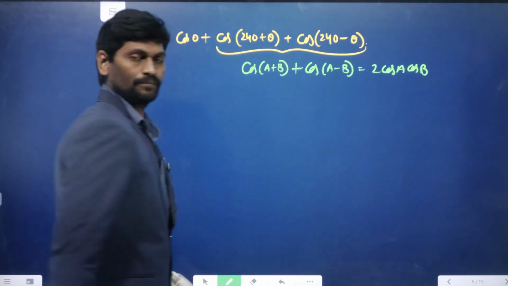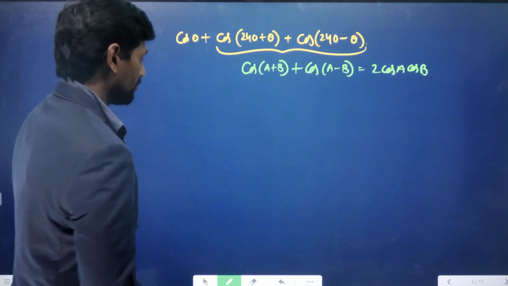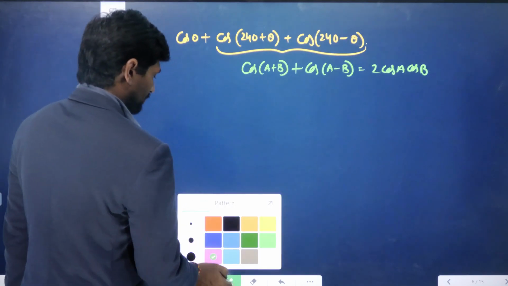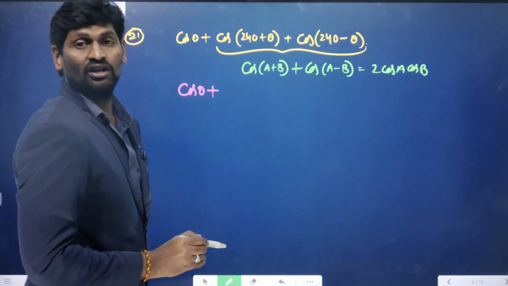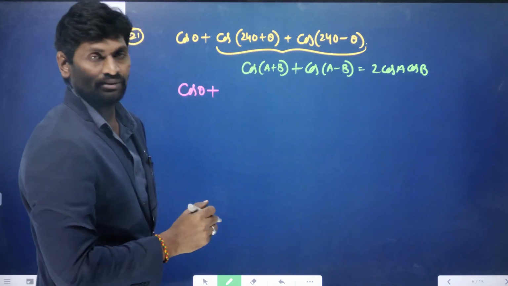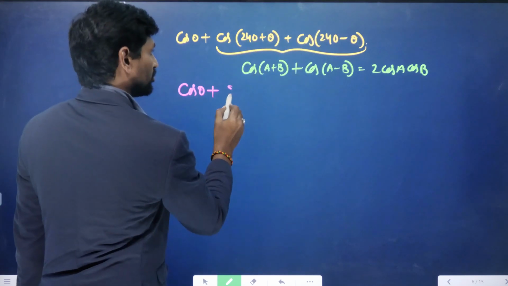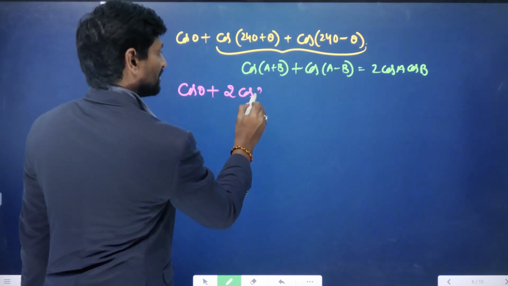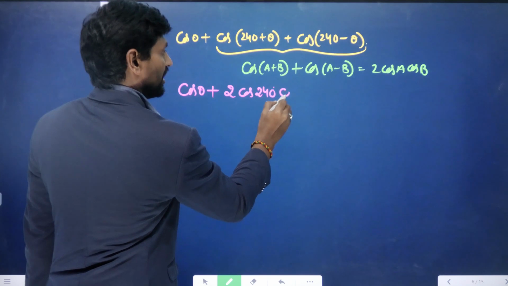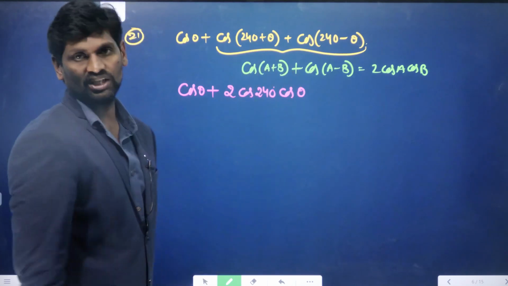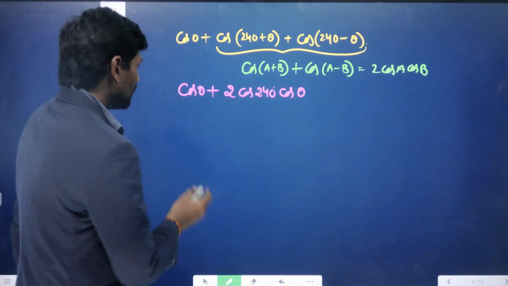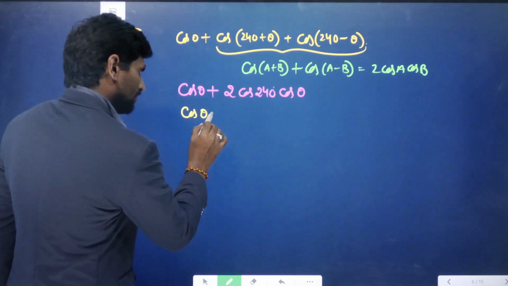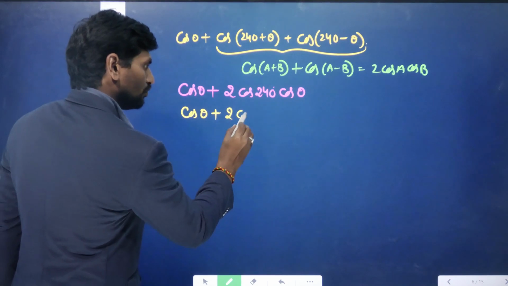Based on this formula, we are writing this step: first, cos theta as it is. These two I am going to write as 2 cos A cos B, where A is 240 degrees and B is theta. So cos theta is the same, plus cos 240.